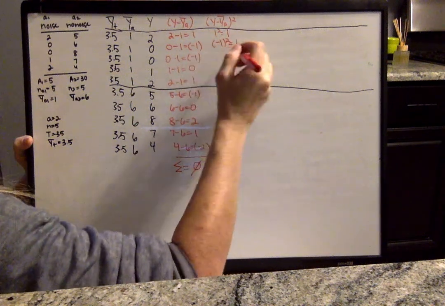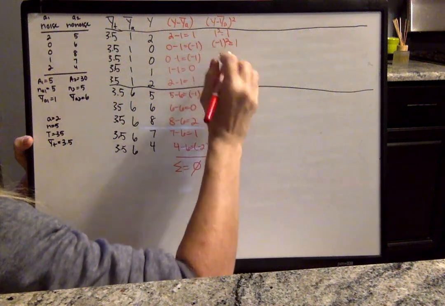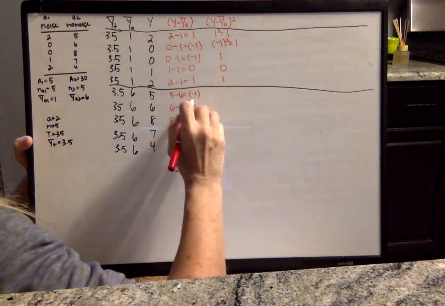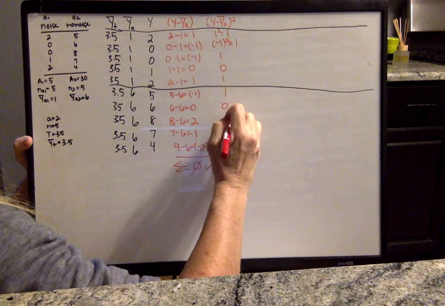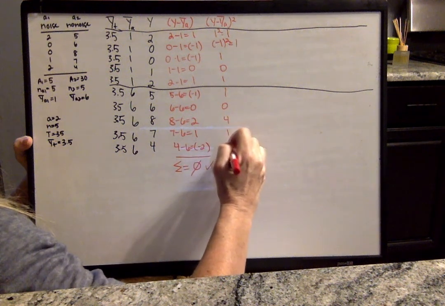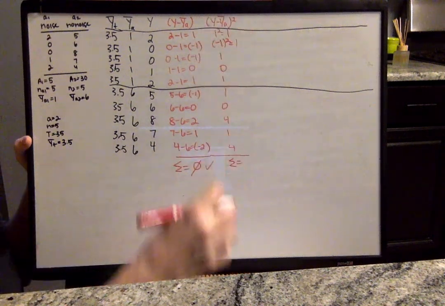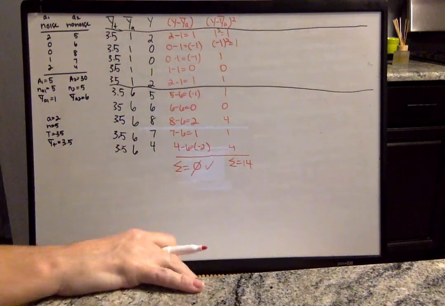For the sake of time, I'm just going to fill in the answers here. Negative 1 squared is 1, 0 squared is 0, 1 squared is 1. Negative 1 squared is 1, 0 squared is 0, 2 squared is 4, 1 squared is 1, and negative 2 squared is 4. When we add up this column, the sum is 14.